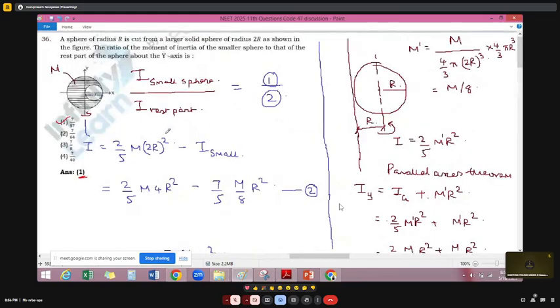Do you call this a difficult problem? Yes and no. Even if you know the concepts, there is a very good possibility that you will make a mistake here. You will take this as the moment of inertia of the smaller sphere. You should know that you have to take the moment of inertia at the given axis, whichever axis they ask. You have to shift the moment of inertia over here, because turning the sphere about this axis is going to be different from turning it around this axis.